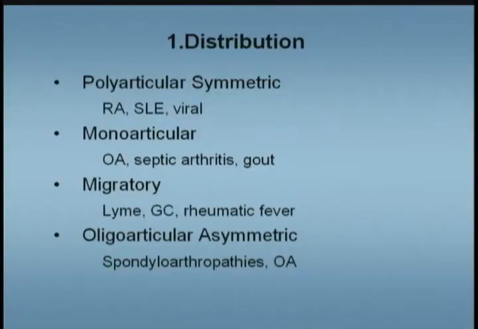Lupus is a non-erosive arthritis, but when you look at it clinically, it looks exactly the same as rheumatoid arthritis. And then the third type of polyarticular symmetric involvement that you could have is viral induced. The typical virus that does that is hepatitis B. Sometimes it can occur before the jaundice, in the period before you have most of the symptomatology, and then some other viruses like Epstein-Barr virus.